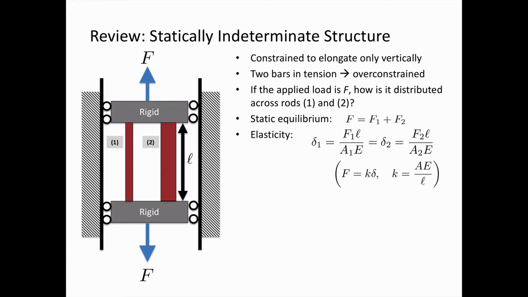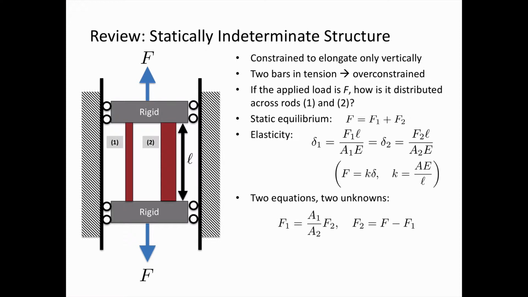And just thinking back to basic elasticity, the stiffness of a rod, K, is equal to AE over L. And we can use that in these elasticity equations. So this gives us two equations and two unknowns, the unknowns being the axial force in each of the rods.